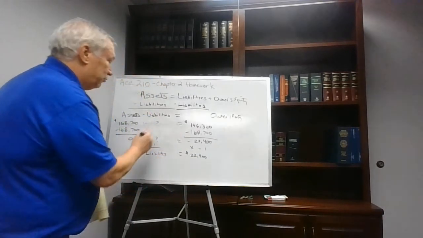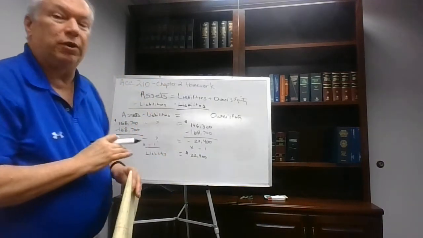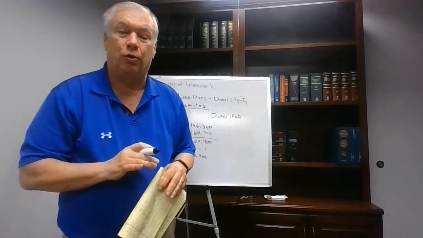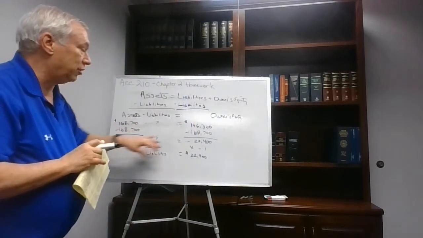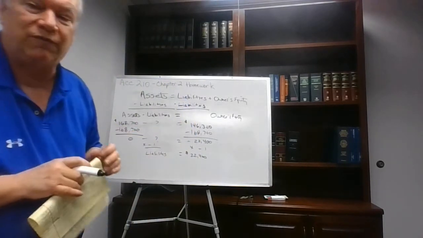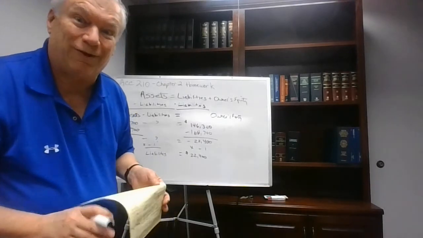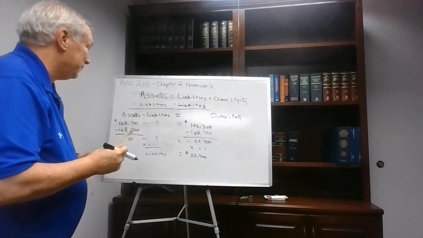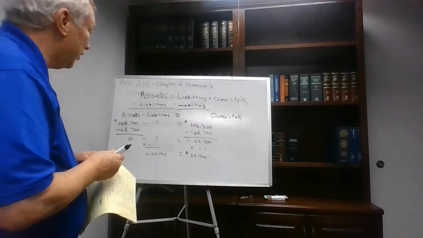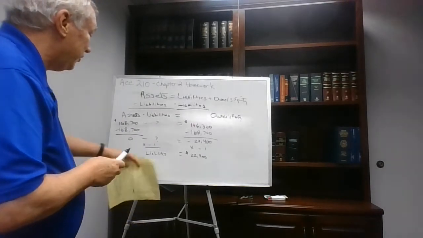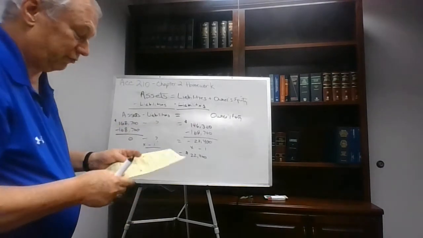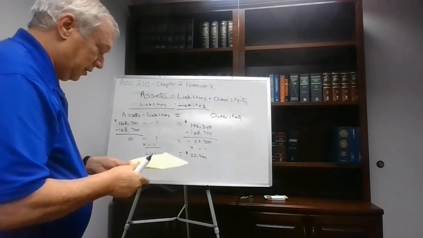So just be careful with the plus and minus signs as you do your homework. If you get a negative number as a result, you probably don't have negative liabilities. That would be an asset. Negative liabilities would be a contra liability. So make sure that you've got your signs right on that.